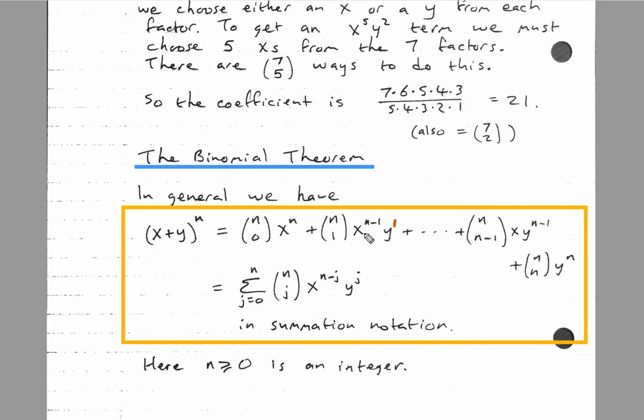Okay, so this pattern continues, and so n choose 2 x to the n minus 2 y to the power 2, and all the way down to this last term, n choose n x to the power n minus n, so that's x to the 0, that's 1, times y to the power n.